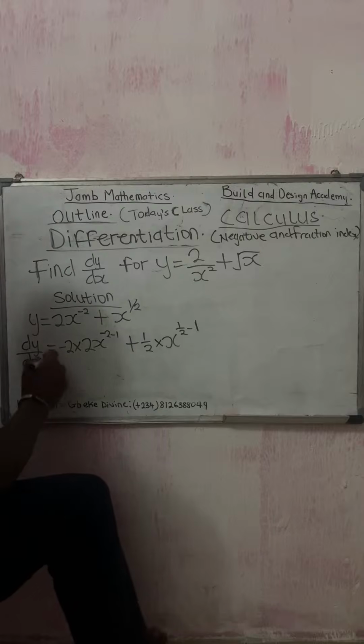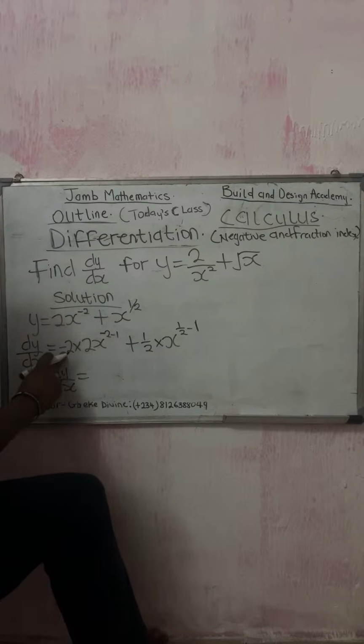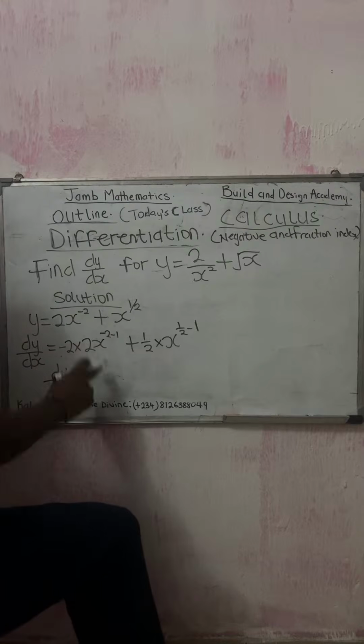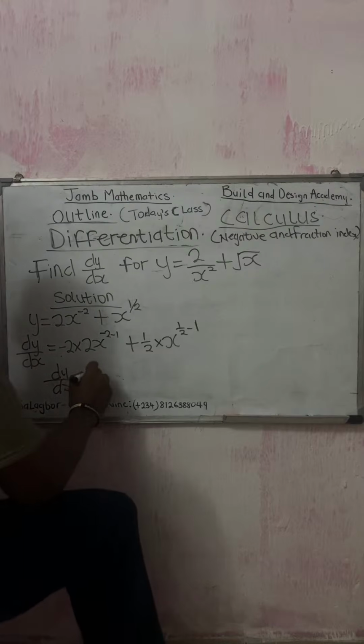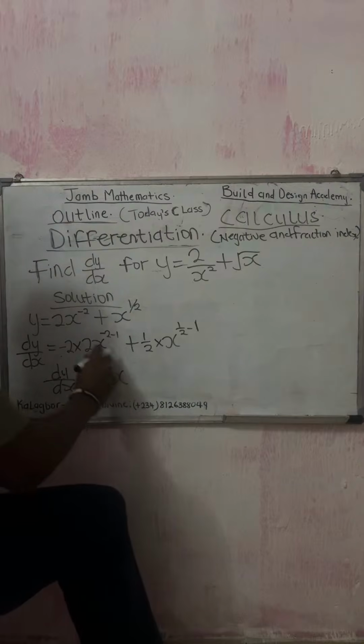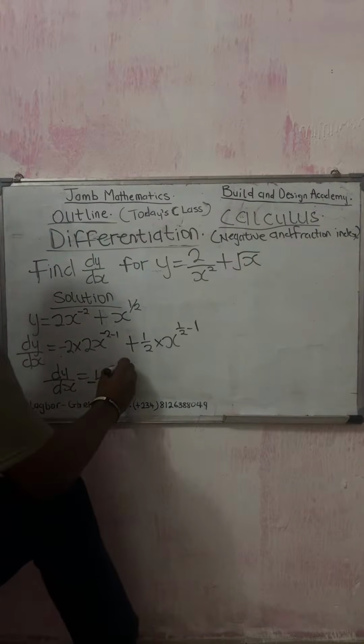Alright, let's proceed. So we have that dy over dx will now be what? Minus 2 times 2x will be what? Minus 4x. Minus 2 minus 1 will be what? Minus 3.